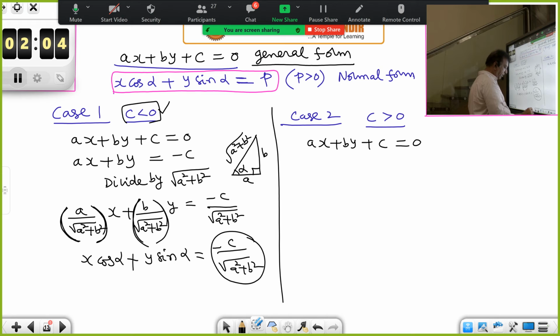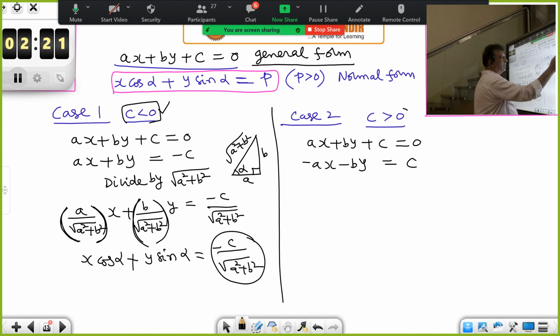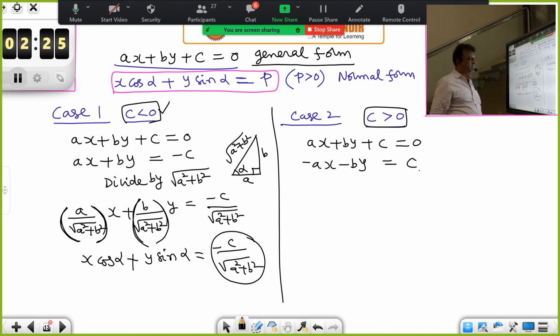C will remain there only, but ax plus by will go to the other side. What happens then? Minus ax minus by is equal to c. Right side c is positive. Right side quantity must be positive.